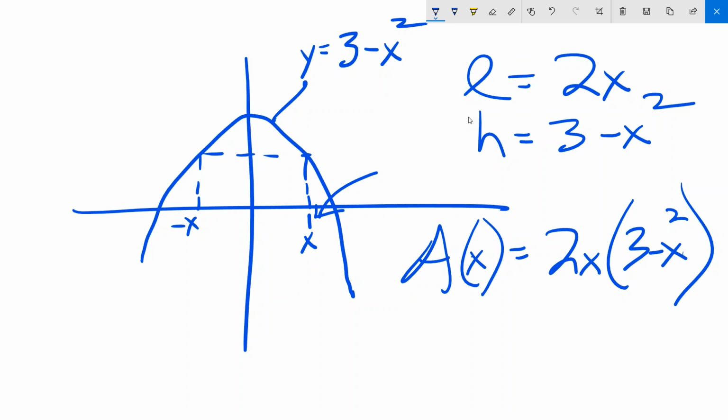It's not obvious that you would need that little distance right there. On this problem, I don't need that because I know what my base is. My base is 2x, or the length of the rectangle.